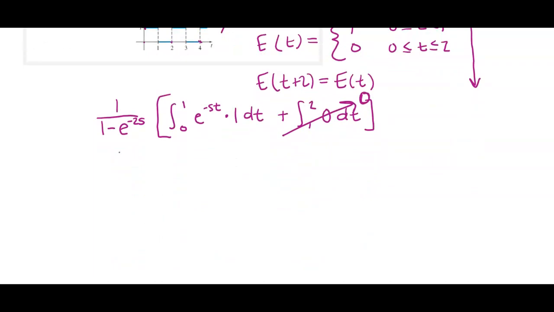All right, so I'm going to have 1 over 1 minus e to the negative 2s. I'm integrating with respect to t, so I get that this is negative 1 over s, e to the negative st from, let's call this little t equals 0 to little t equals 1.